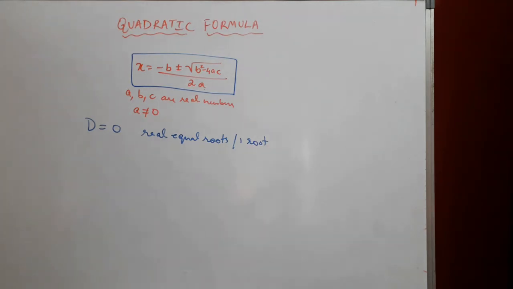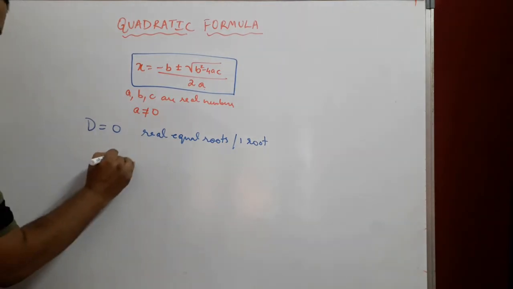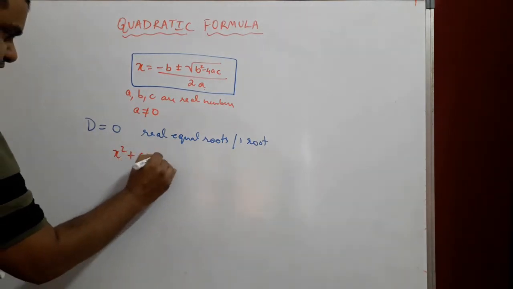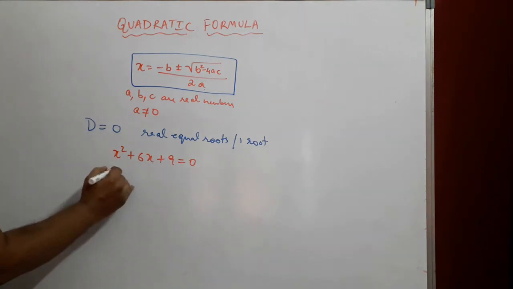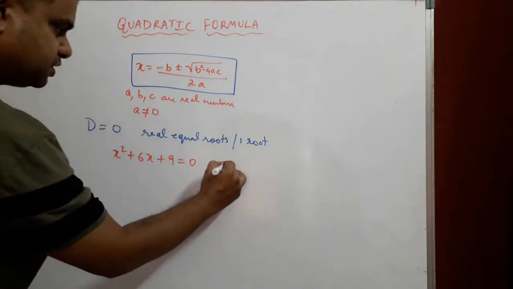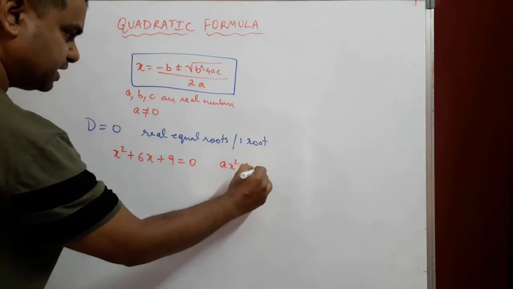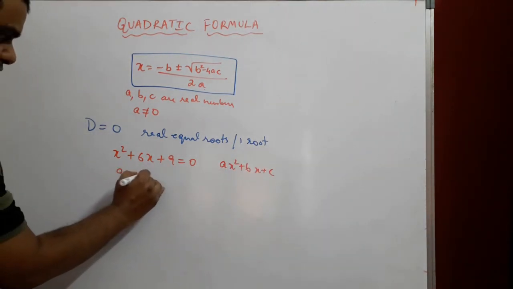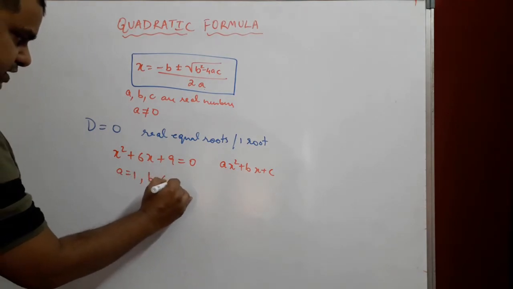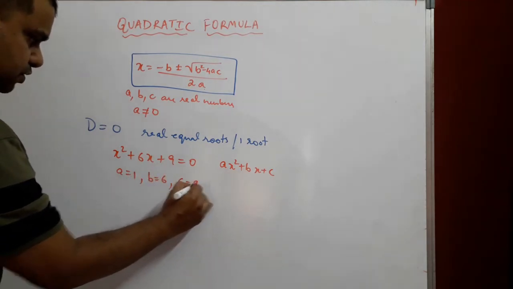Our first equation is x square plus 6x plus 9 equal to 0. If we compare it with our general equation ax square plus bx plus c, we see that a is equal to 1, b is equal to 6 and c is equal to 9.